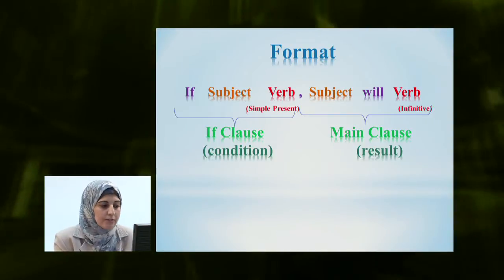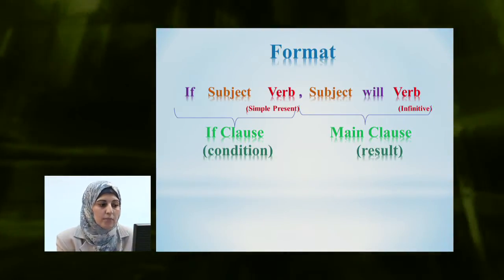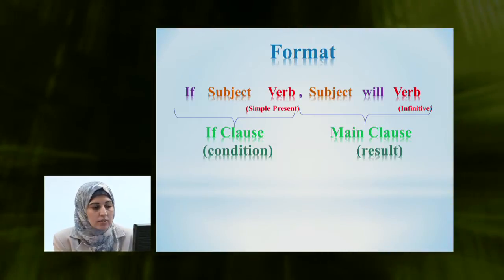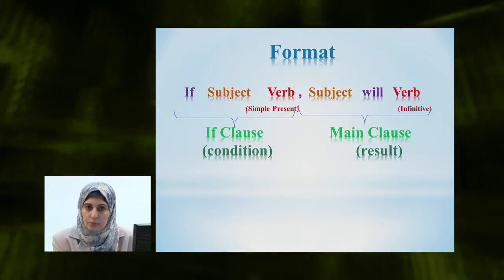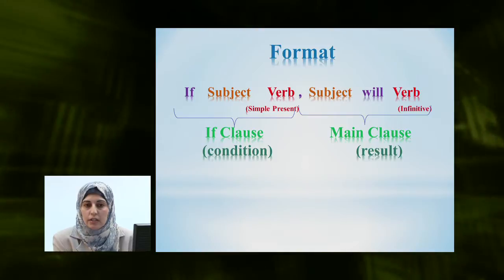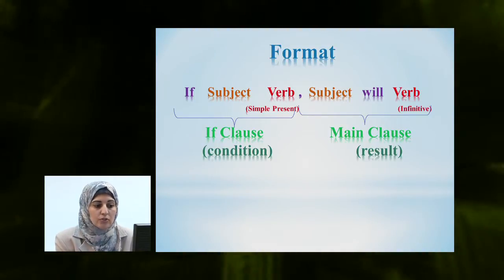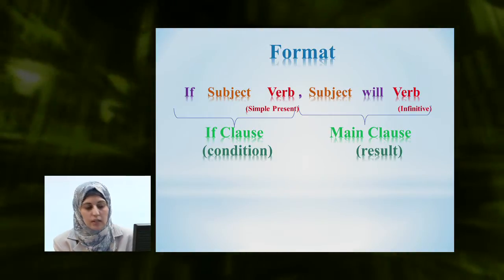As you can see, in the if clause, you need if for sure, followed by the subject and the verb in the simple present. And the main clause contains the subject, followed by will, and the verb in the infinitive form. These two clauses should be separated by a comma.